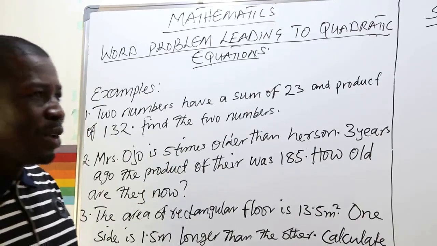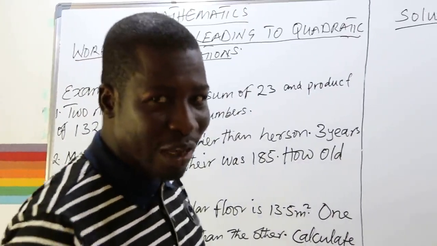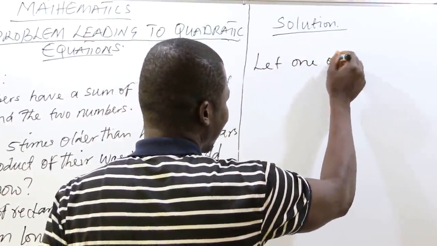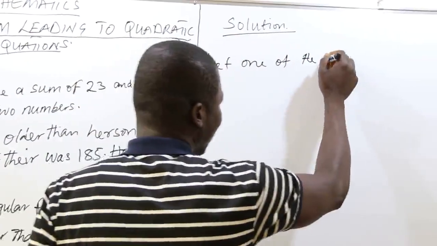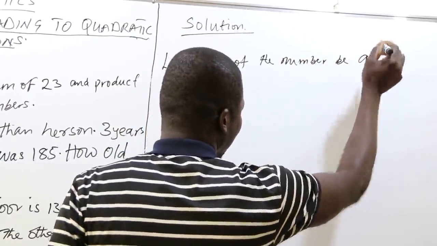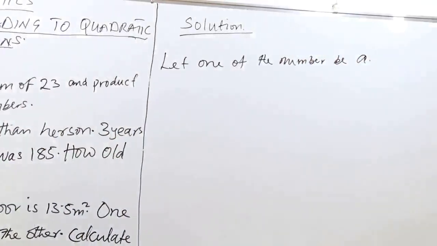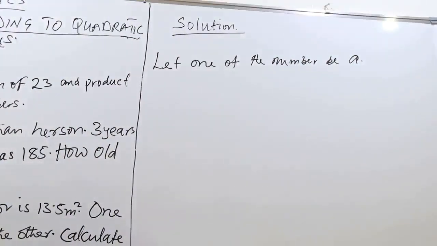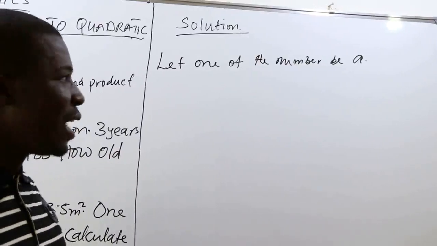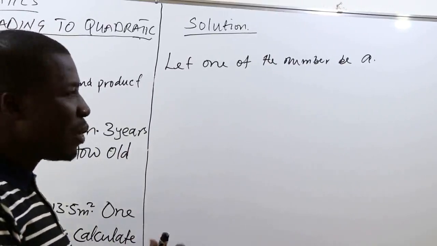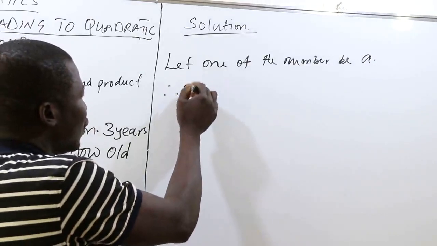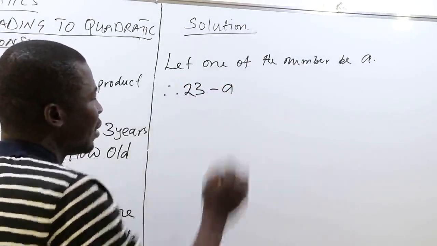So we say, let one of the numbers be a. Then since one of the numbers is a, and the sum of the two numbers gives us 23, we therefore say the other number is 23 minus a.